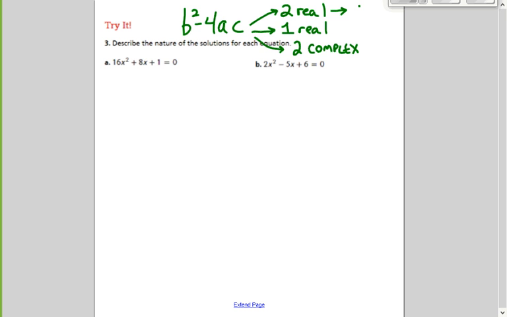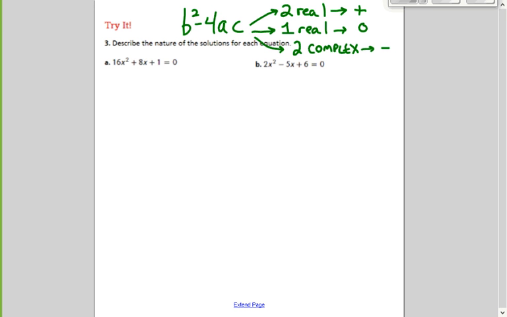That would be if the discriminant is positive, 0, or negative. Just a little checklist. Check this versus this versus this, and you can tell me how many roots and what kind of roots it would have, how many solutions.